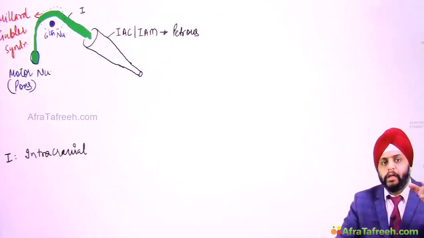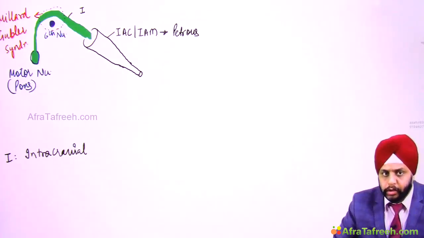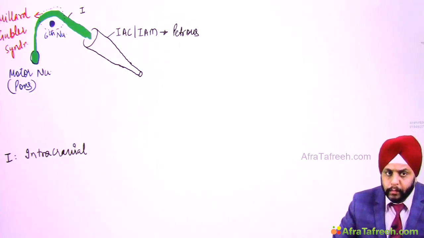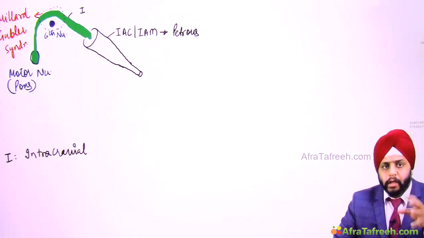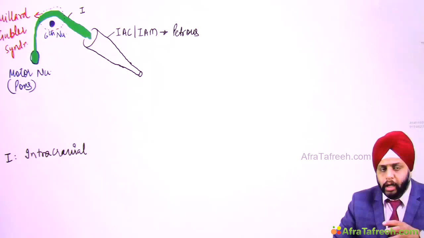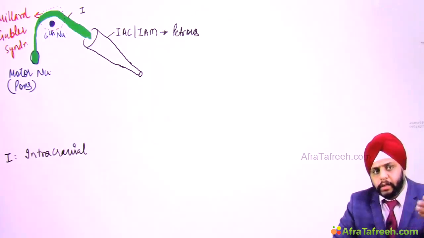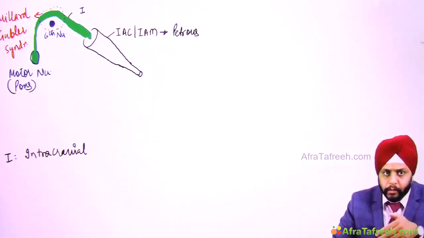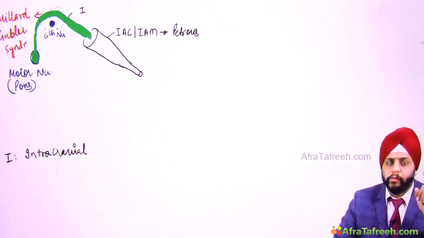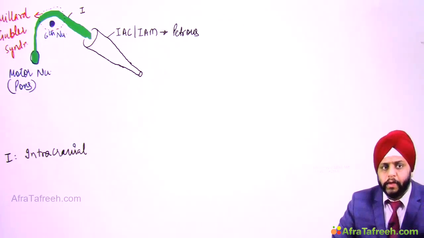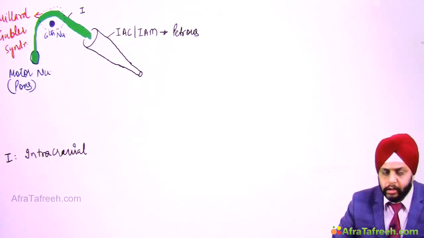We discussed that in the very beginning in the osteology of the temporal bone, right? So this canal, this internal auditory canal, what is passing through it? The seventh cranial nerve, the facial nerve. Now along with this, we also have the eighth nerve. Remember, the vestibulocochlear nerve. So we will be studying this IAC in detail in this topic.